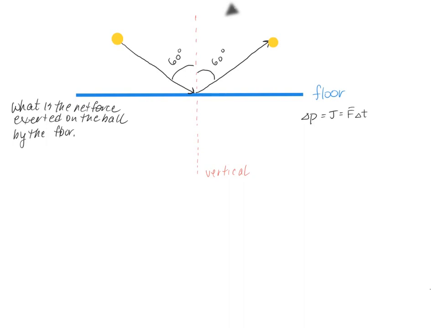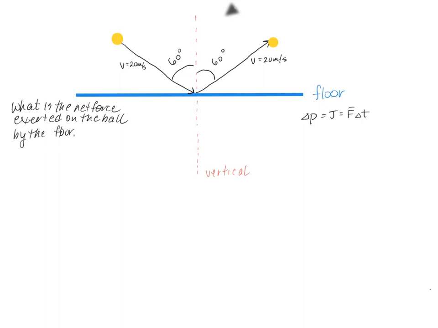So we're going to take the incoming velocity of the ball to be 20 meters per second, and the outgoing velocity of the ball to also be 20 meters per second. So notice that the ball has the same speed coming in as it does going out, but actually, because the velocity incorporates direction, the velocities are in different directions.